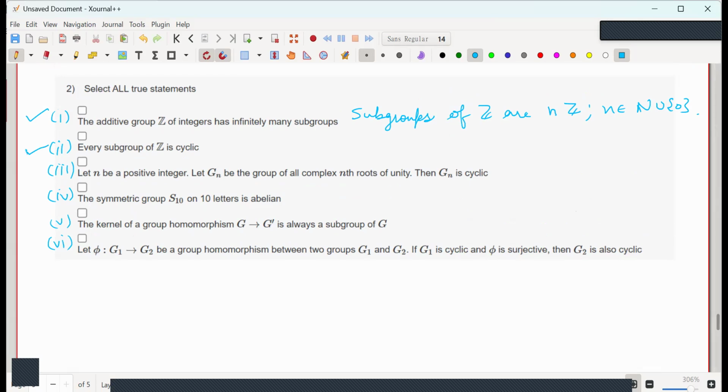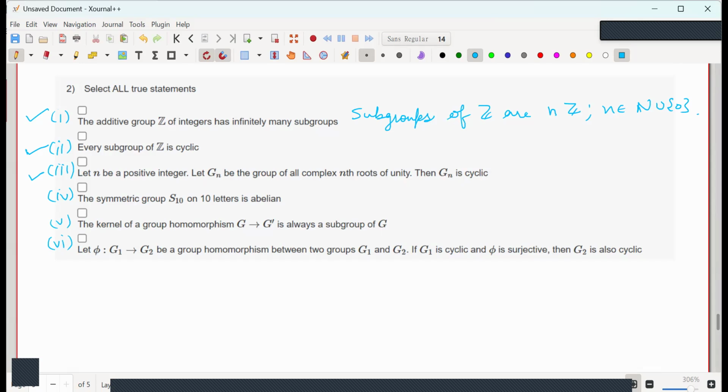Third one is also true. Reason? I don't know what it's supposed to be called, but then I can find the generator.